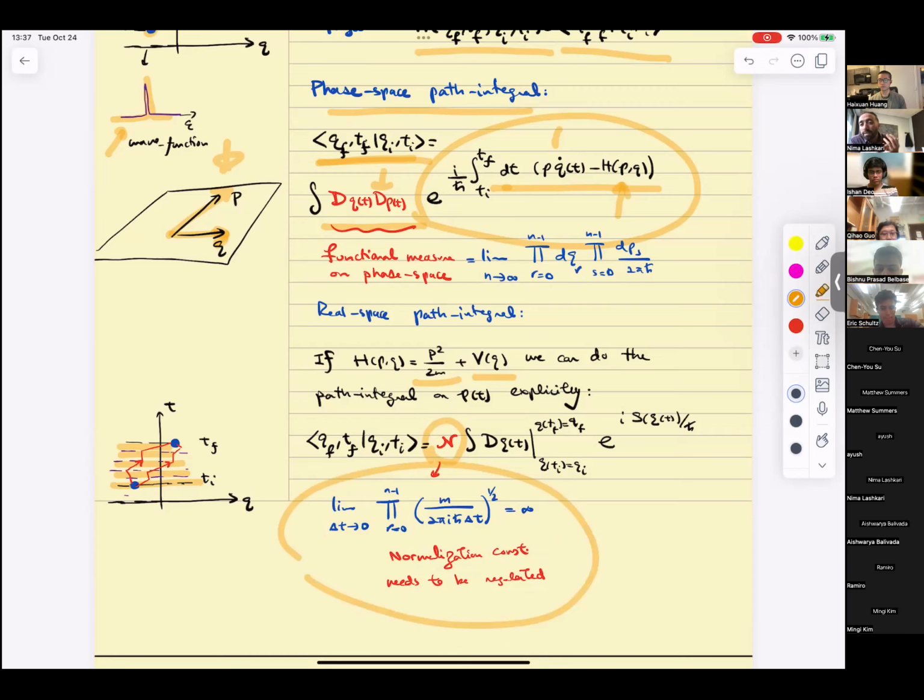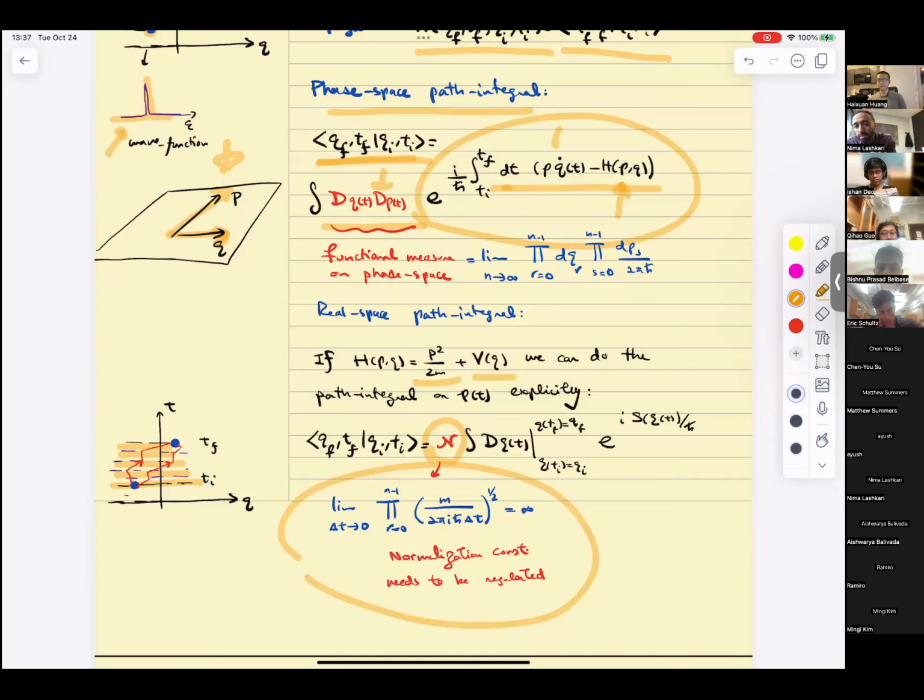But in physics, we always think about some sort of separation of scales, meaning that in the ultraviolet, at very, very short time scales, the physics is going to be independent of the low energy, low frequency physics.